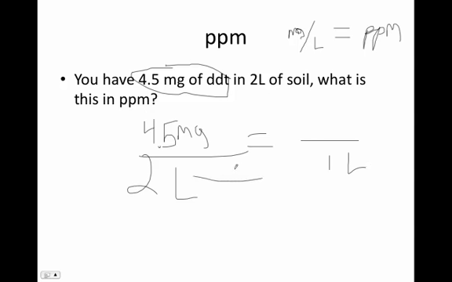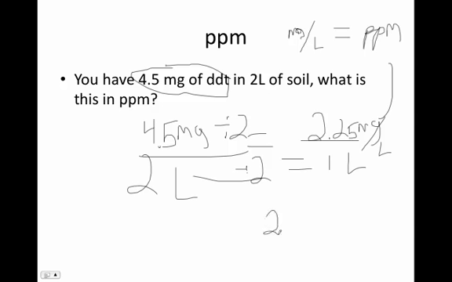So divide by 2, and that gives us 1. Divide the top by 2, and that gives us 2.25 milligrams per liter, which once you have it in milligrams per liter, that's the same as a ppm, so that's 2.25 parts per million equivalents.